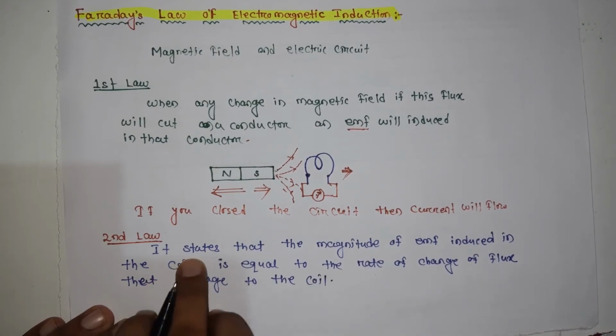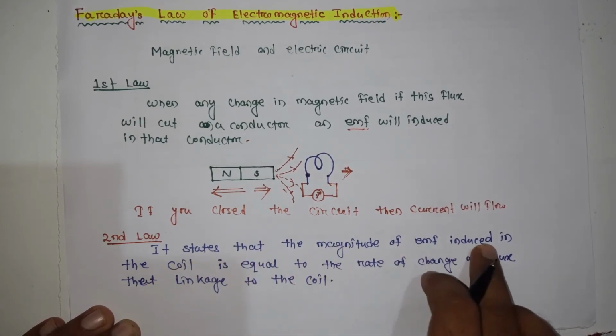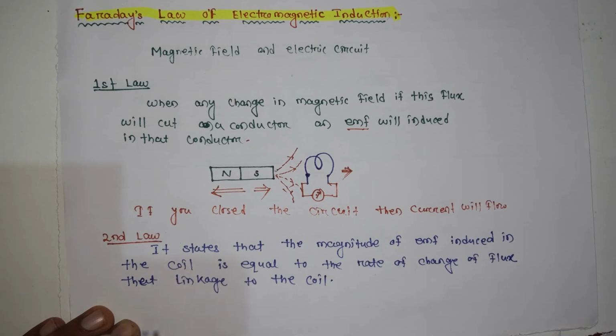What this law says is that the magnitude of EMF induced in the coil is equal to the rate of change of flux linkage to the coil.